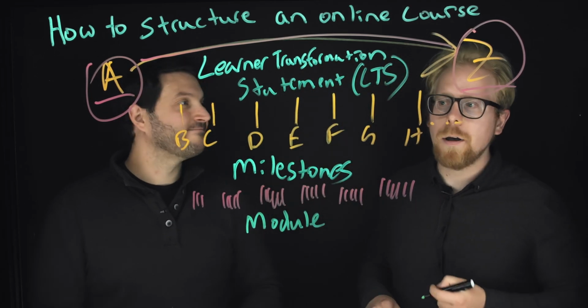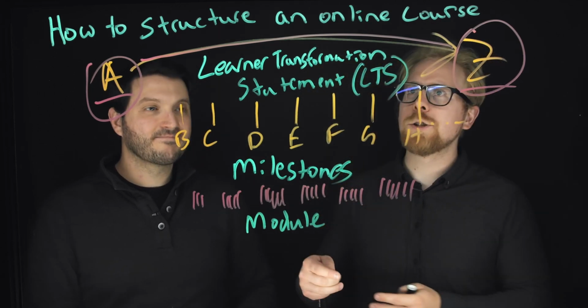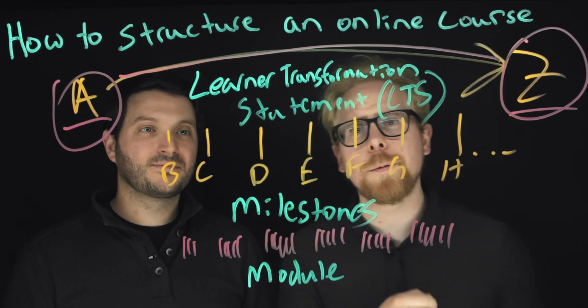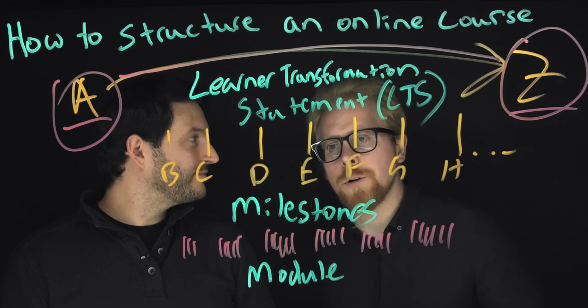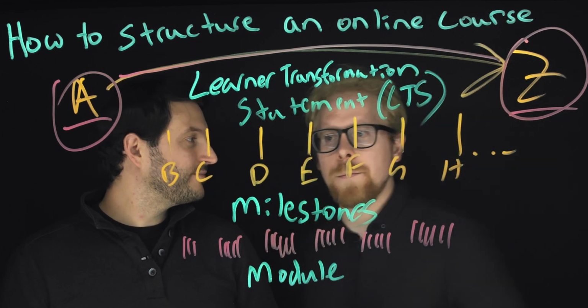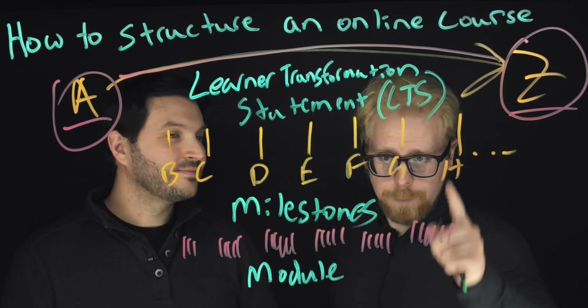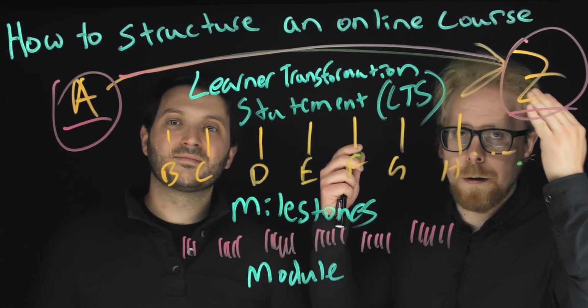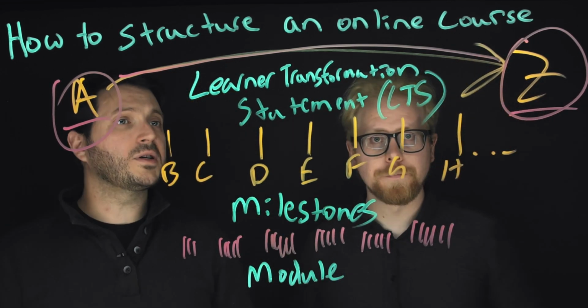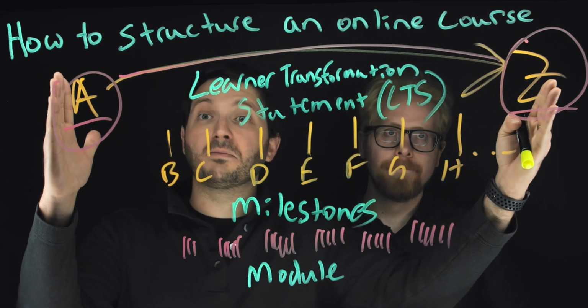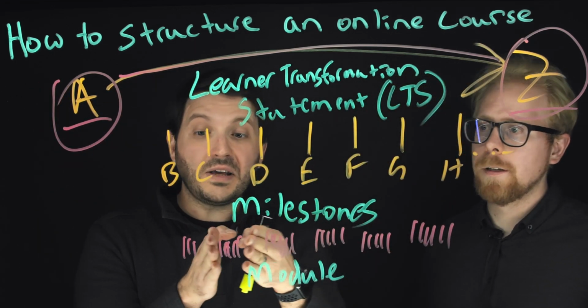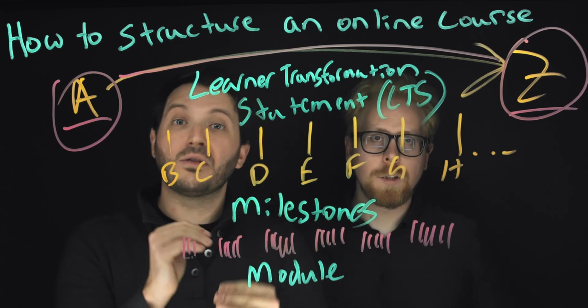This could be a chapter. But how we're talking about it is you have your LTS, that's your learner transformation statement, that's your A to Z journey for your learner. Then you have milestones that get them there, and then you have sub modules or topics that support your milestones. I am a visual person, so think of it this way. This is your book, this is your chapters, and these are the subunits within those chapters.